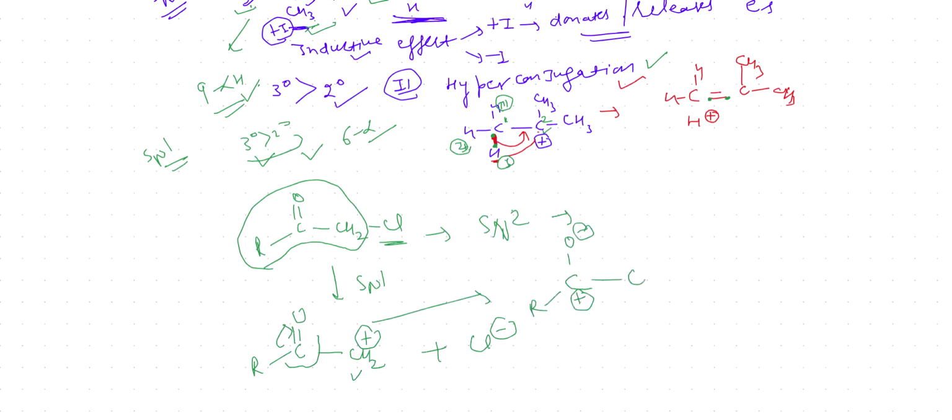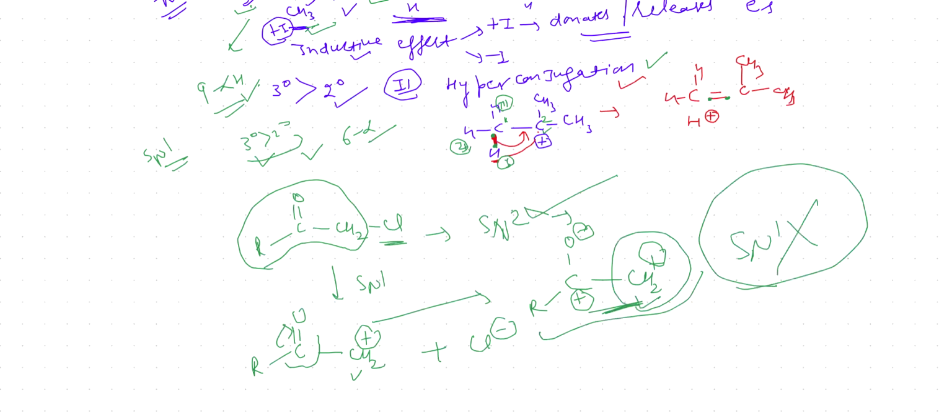So this is not possible. This carbon cannot provide electrons to this CH2 positive group, so it destabilizes the molecule. Thus, it does not follow the SN1 mechanism. It only follows the SN2 mechanism.